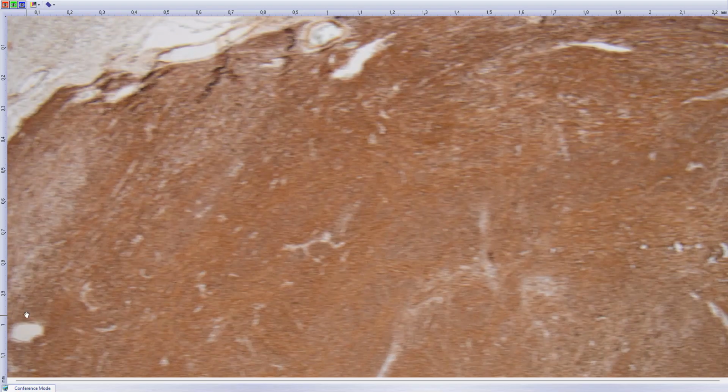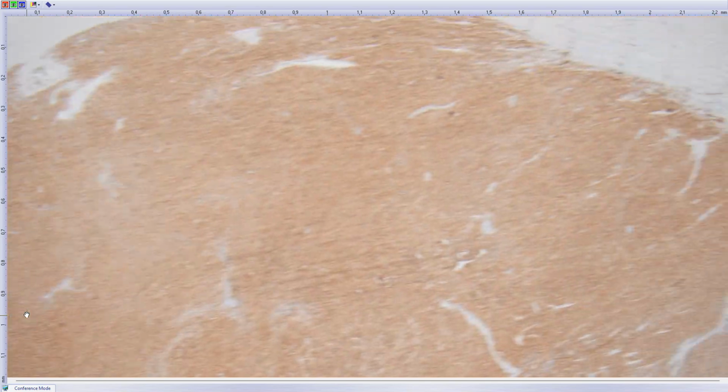This is actin S, smooth muscle actin, which is diffusely positive. And this is another diffusely positive staining, and it is S100.